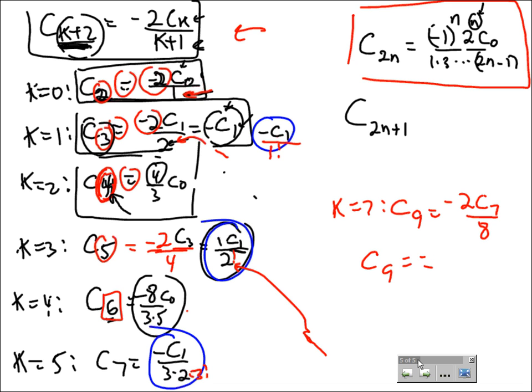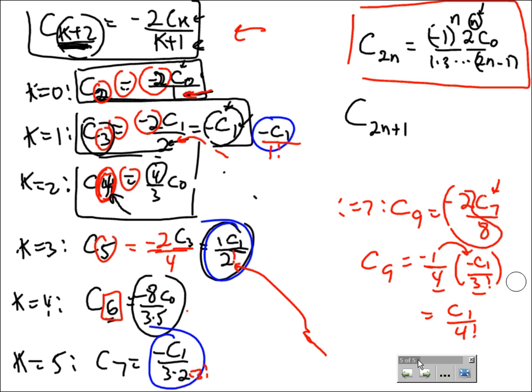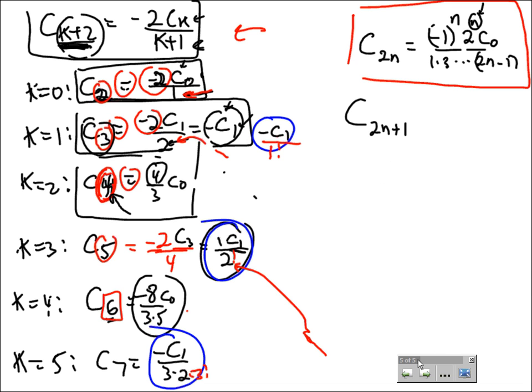It's negative 1/4 times c sub 7, which is negative C1 over 3 factorial. So you're going to get negative 1 times negative C1 is positive C1, and 4 times 3 factorial is 4 factorial. So it is correct when I say factorial, and you can do some more to verify it.